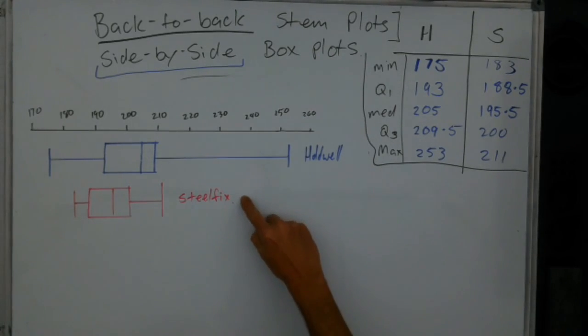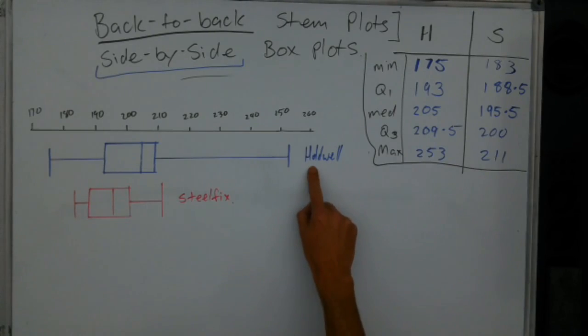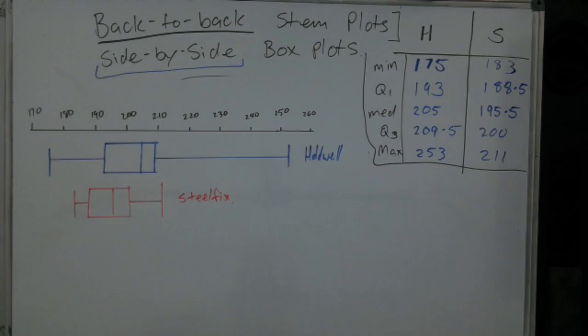So these ones, Steel Fix, their nails on the whole aren't as strong as Holdwell, but Holdwell has this inconsistent, very wide range of strengths. So I suppose that's sort of trying to summarise what we can get from the box plots.